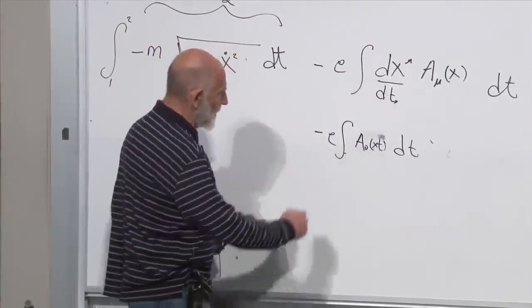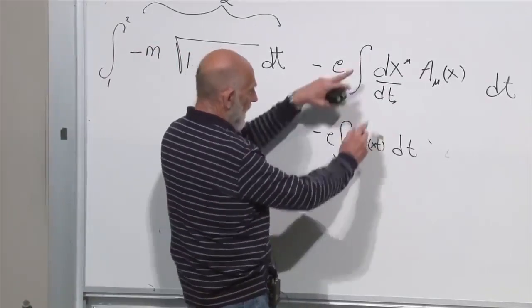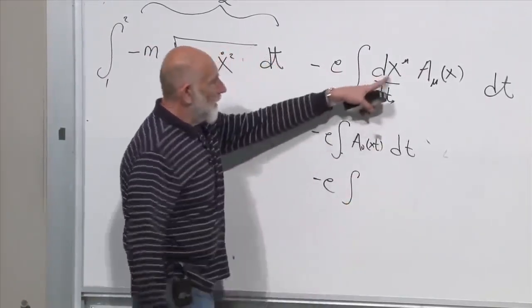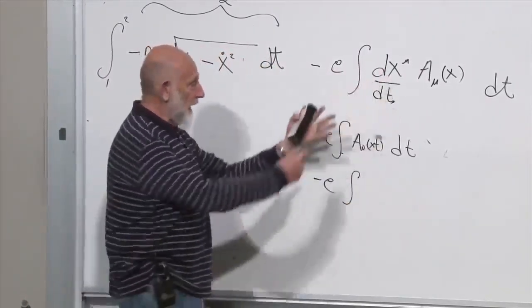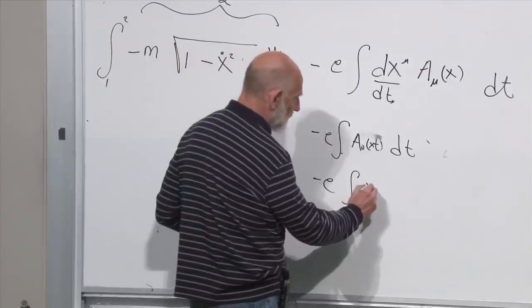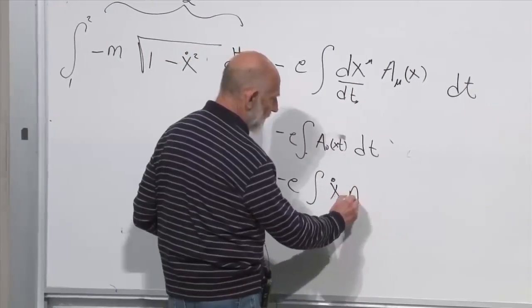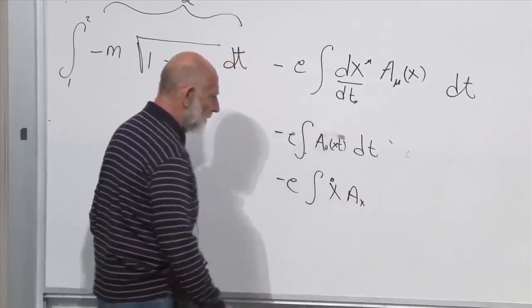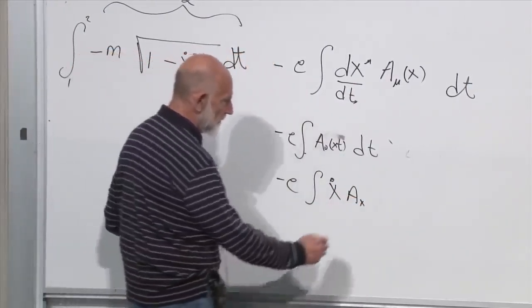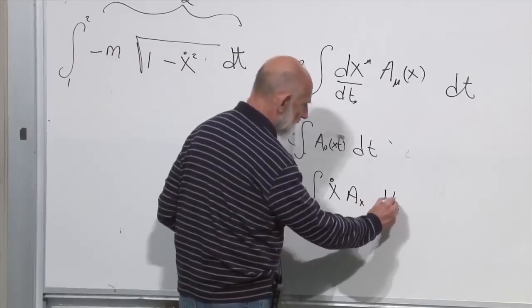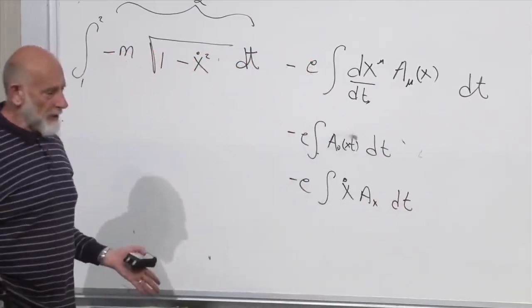Now the next term is minus e integral. Let's call this one now x. So it's dx by dt, which is x dot, times A sub x dt. And likewise for y and z.